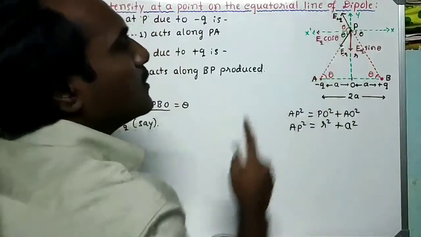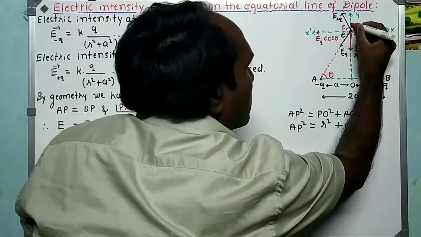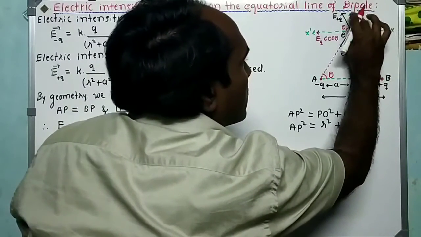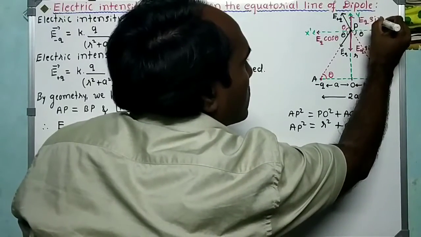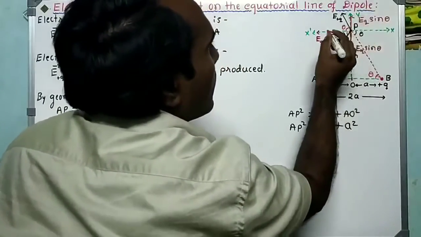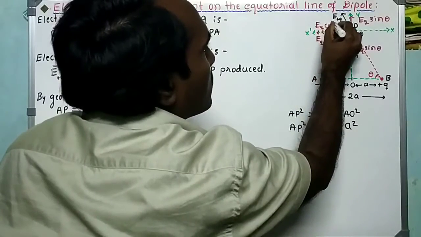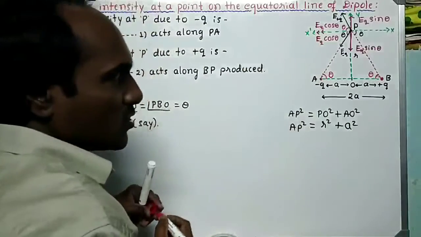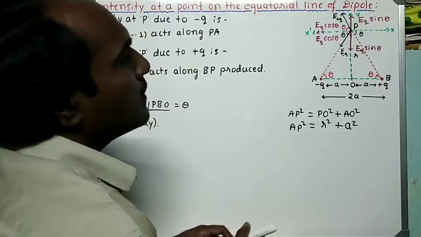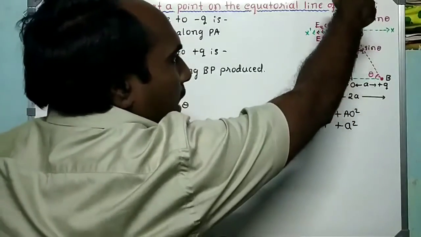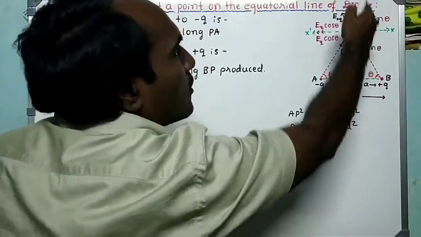That's why it is also going to split into two components: in this direction EQ sin theta along PY, and in this direction EQ cos theta along PX dash. My dear students, keep in mind that EQ sin theta is acting along PO, that is downward, and EQ sin theta is acting along PY.